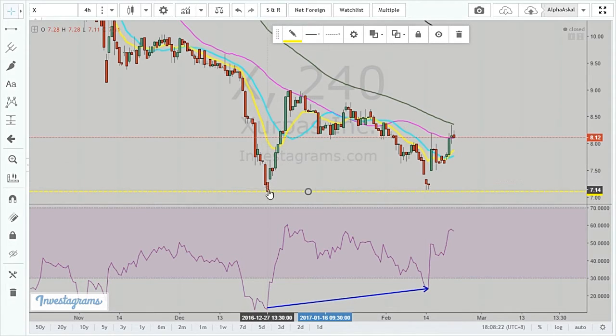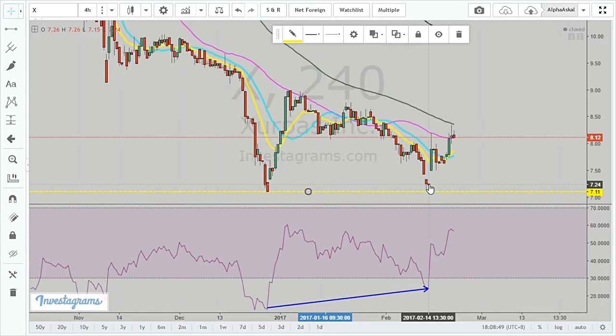So this support area is right below a 13 or 12 limit already for RSI, and then suddenly the interest for the stock increased right about here. So we're looking at buyers slowly building in for X.